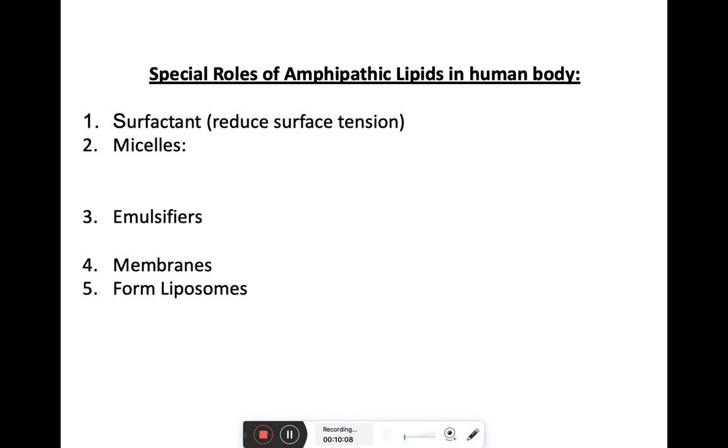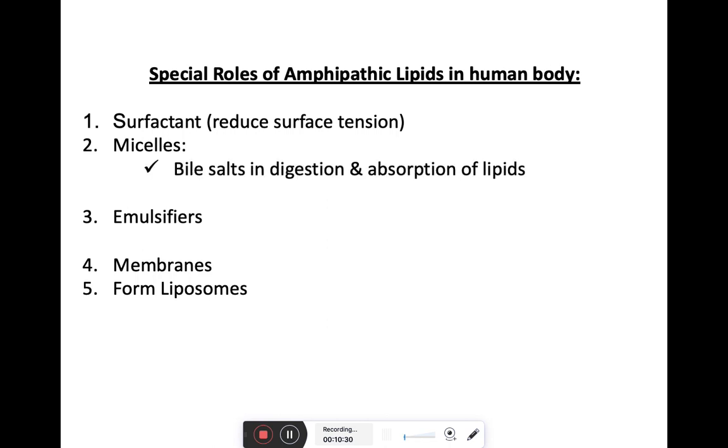Surface tension: the surfactant role we already discussed in the previous chapter helps in preventing alveolar collapse, and it prevents respiratory distress syndrome of the newborn. The role of the amphipathic lipid as surfactant also helps in diagnosing obstructive jaundice by doing the Hay's sulfur test.